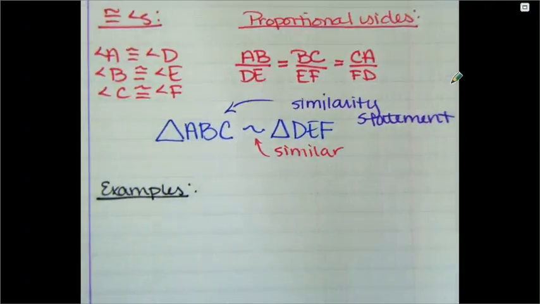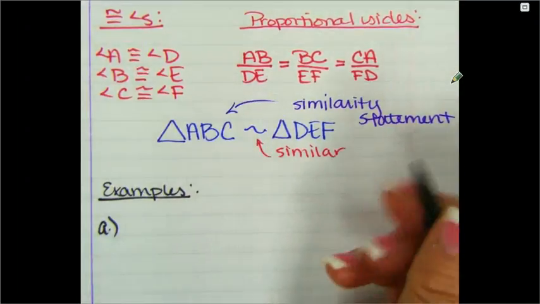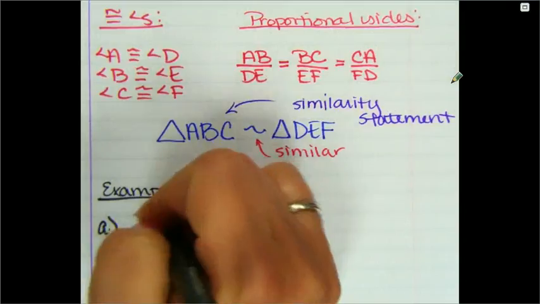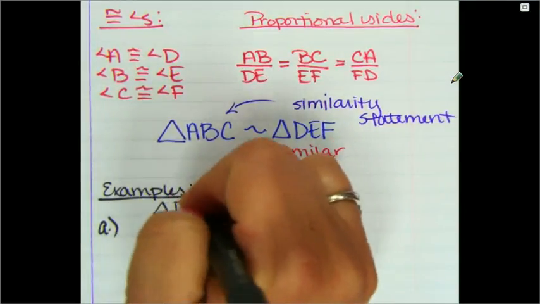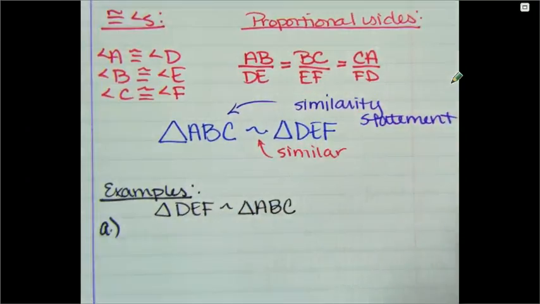Examples. First example. I'm going to give you the similarity statement. I'm going to say that triangle DEF is similar to triangle ABC. Understood?